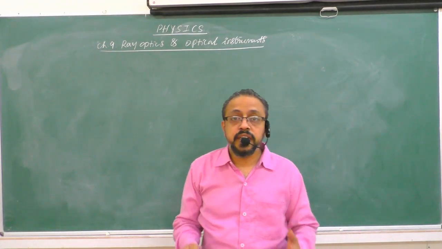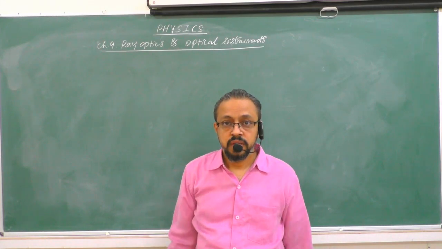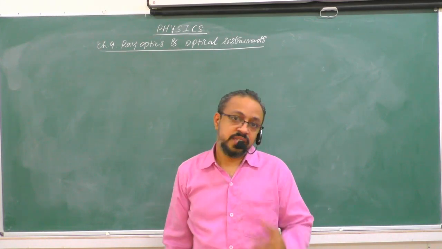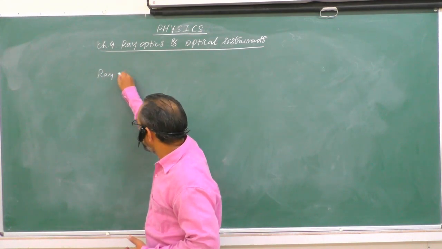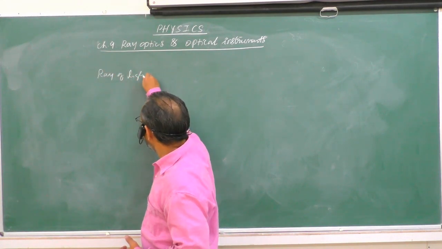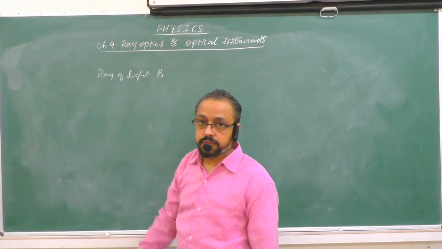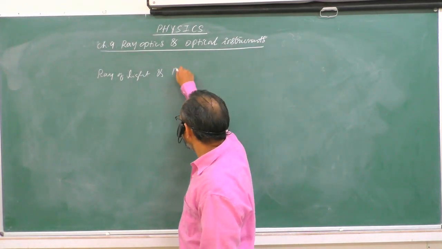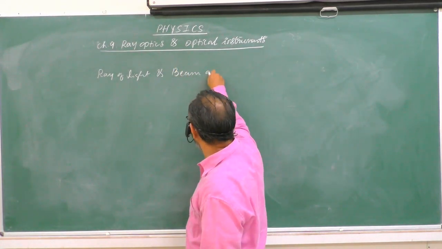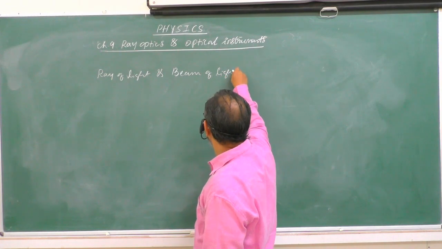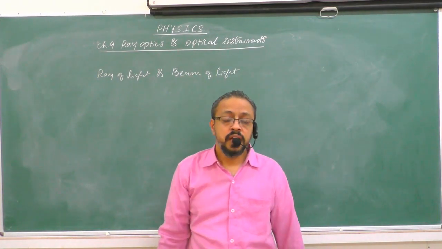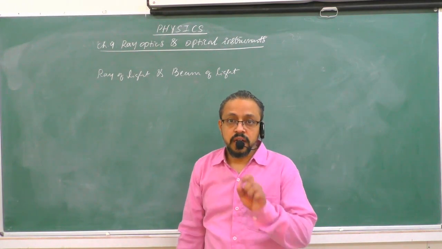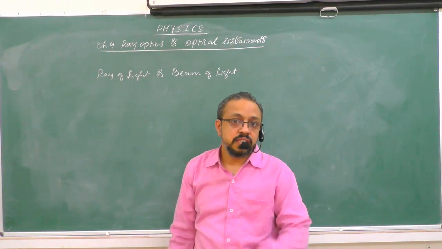I use two terms many times: ray of light and beam of light. We will get definitions for these terms in our NCERT, no doubt, but I am going to explain what these things actually are.